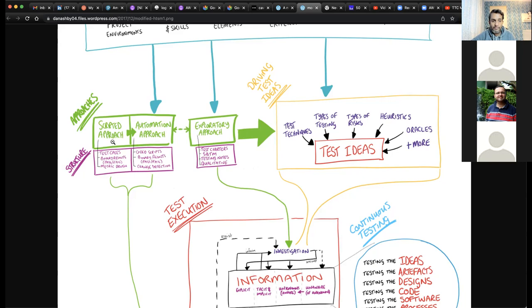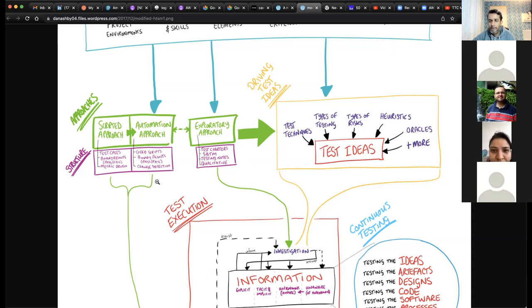Next to the scripted approach is the automation approach, which follows on the heels of your scripted approach, where you again write coded scripts or certain tests. And again, they are binary in nature, depending on change detection.